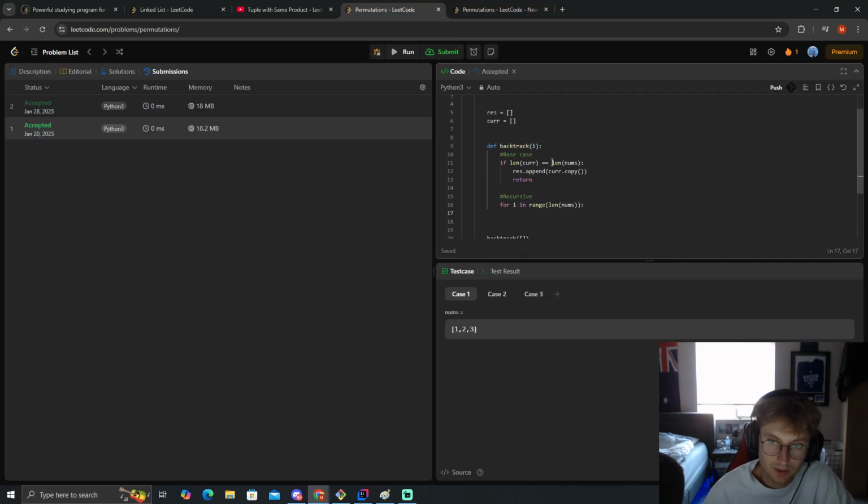If nums[i] is in current, we break out of that loop.